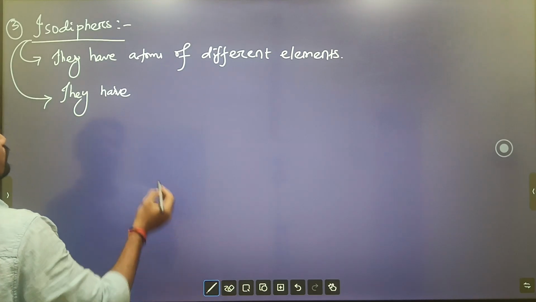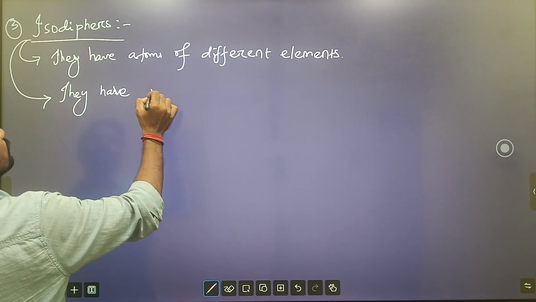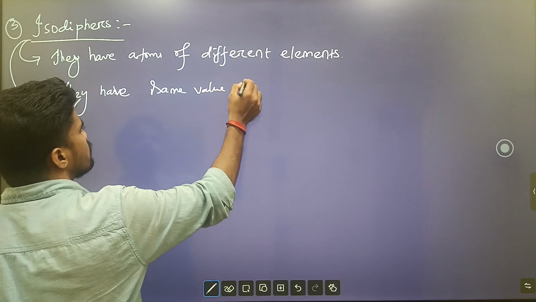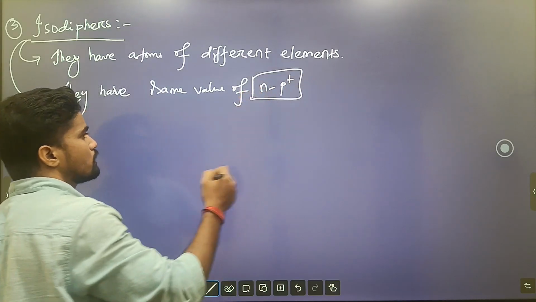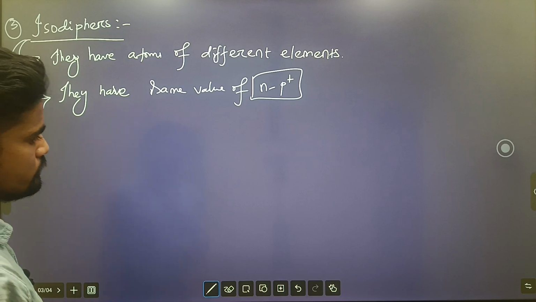That means the difference. They have the same value of n minus p. Okay, so let's see what the examples are.